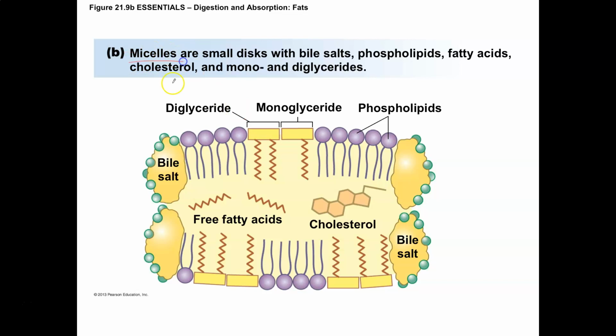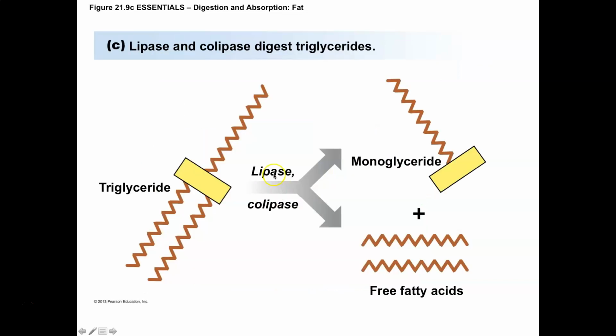This is a micelle structure where you have bile salts, you have phospholipids, you have fatty acids from the breakdown of your triglycerides, you've got cholesterol in here, and so forth. So you're beginning to see some of this digestion that has occurred in this micelle structure, and that is coming from the activity of enzymes. So we have lipase, this is pancreatic lipase, that's from the pancreas.